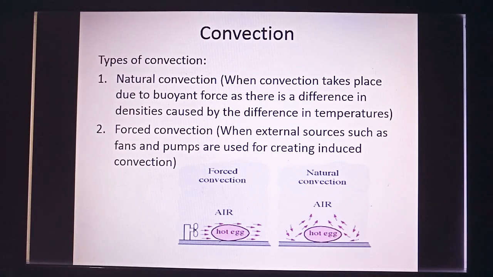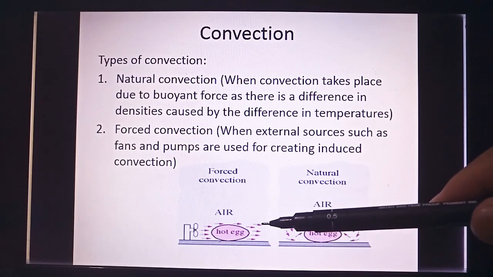So try to look at this one. This is a hot egg. If this is a hot egg, we are going to bring the temperature of the egg to a lower temperature. So we will just put it in the environment, let it remain and just observe it, let it cool. So we use air for its cooling: natural convection.